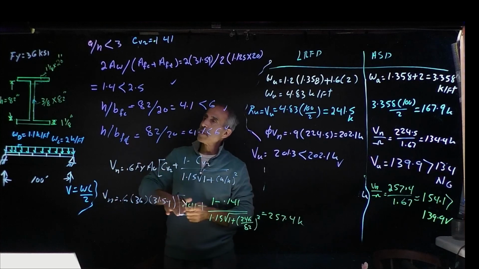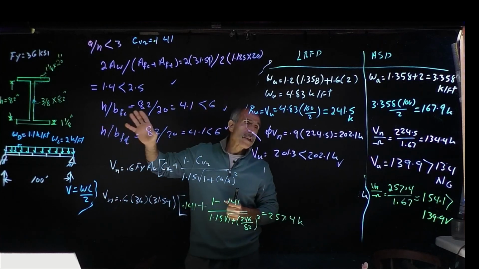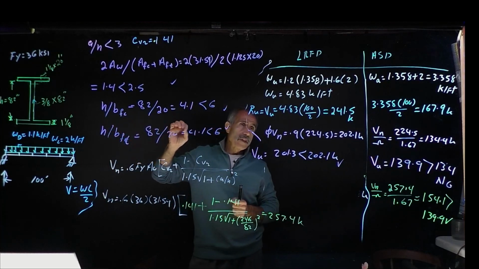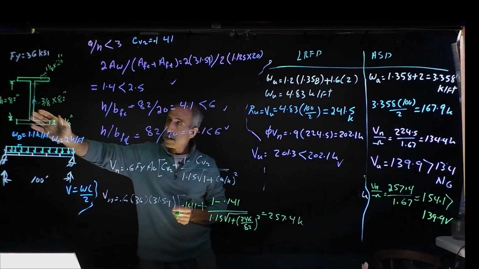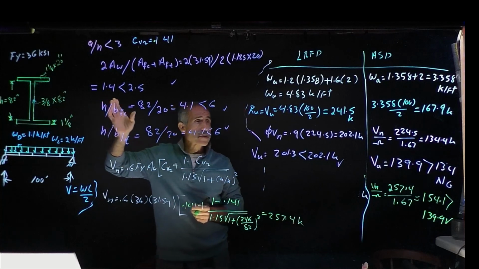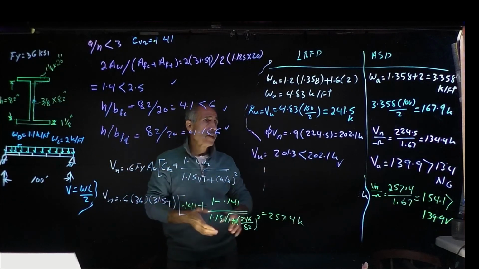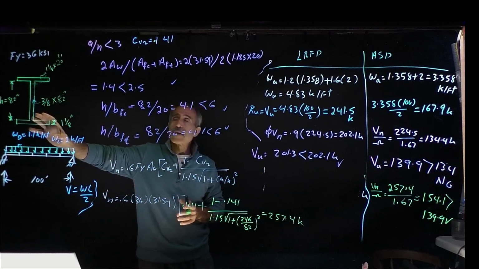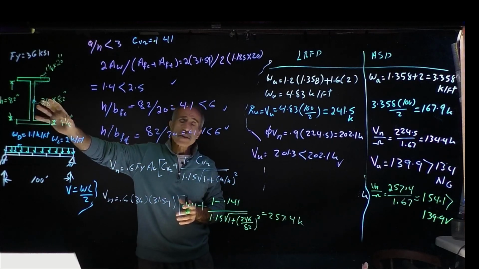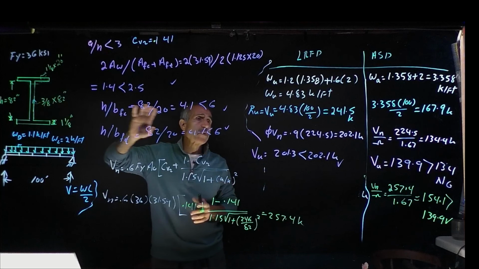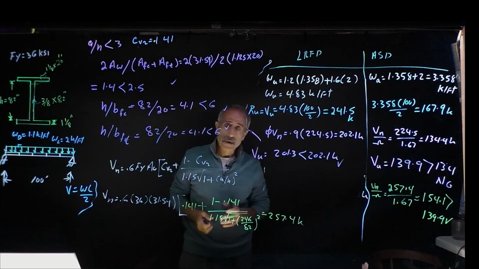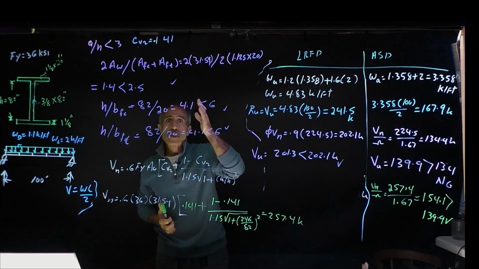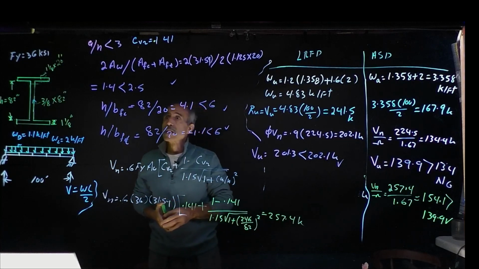This is how we know if you have a plate girder whether we need stiffeners or not. It's based on the shear capacity of this plate girder, and then we put a stiffener in it and run the calculation, and after we put a stiffener in it, the shear capacity of this plate girder came out more than the applied load.